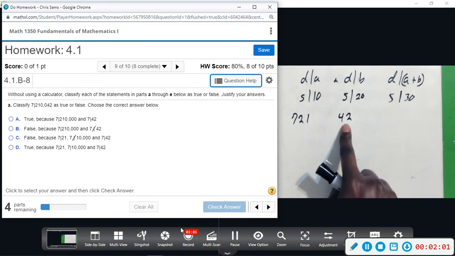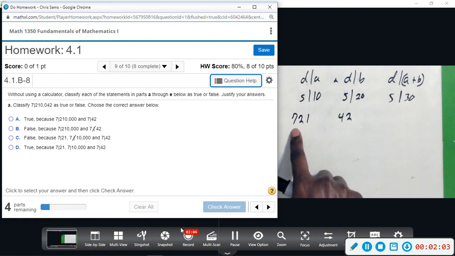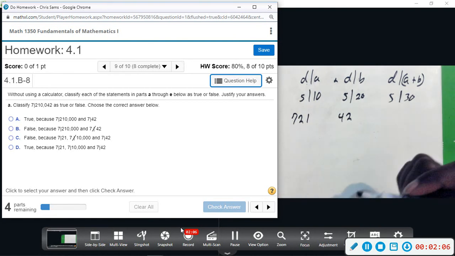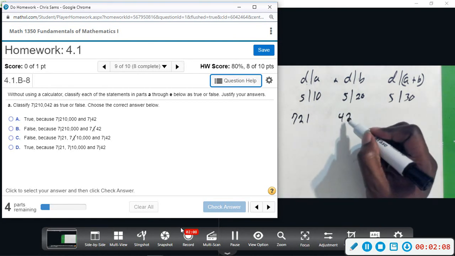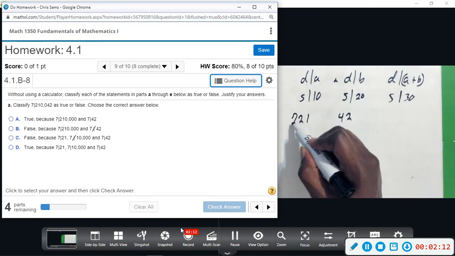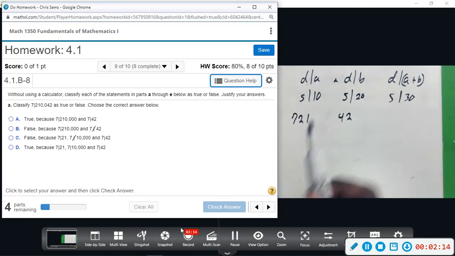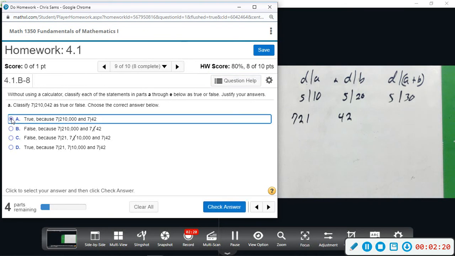If 7 can divide this and this, then it will divide the whole number. So 7 will divide 42. 7 will divide 721, 103. So we're going to say true, because it divides the first part and the back half.